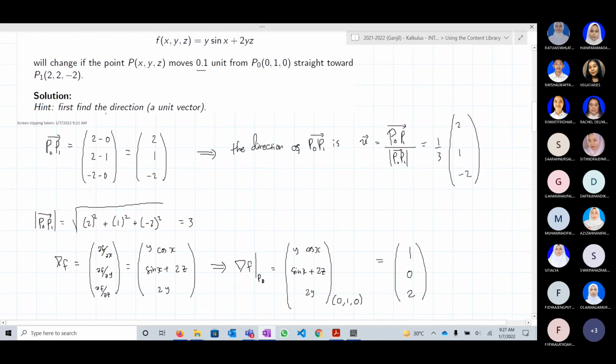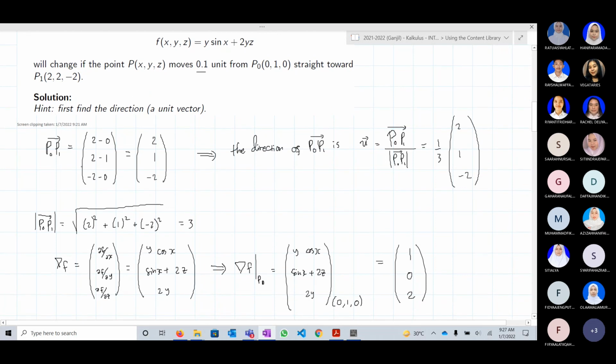Jadi prosesnya sederhana ya. Jadi prosesnya adalah kita cari tahu dulu arahnya kemana, dari P0 menuju ke arah P1. Berarti kita punya vektor P0 ke P1. Kemudian kita cari arahnya. Ingat, arah itu selalu vektor satuan ya. Jadi arahnya adalah P0P1 dibagi dengan jarak dari P0 ke P1.